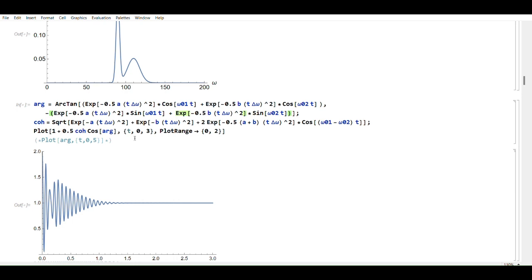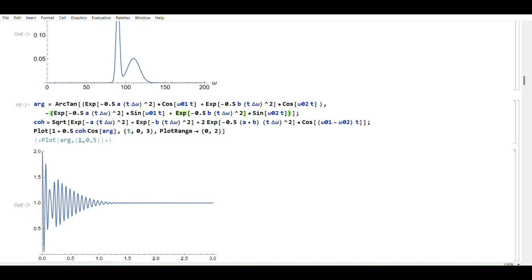And then finally, I am plotting the function. Now what I have done is I have taken 2 common outside.